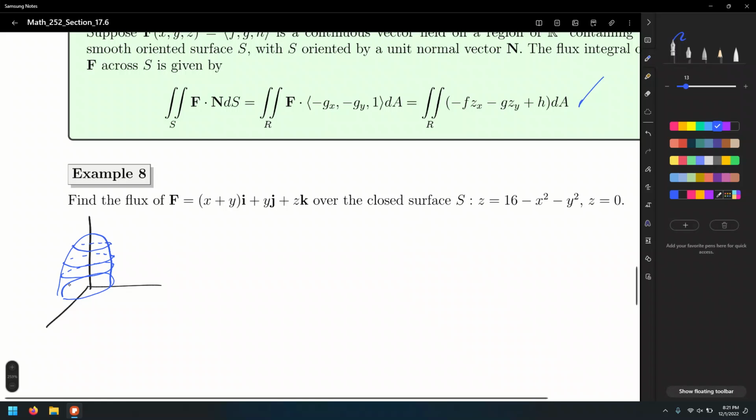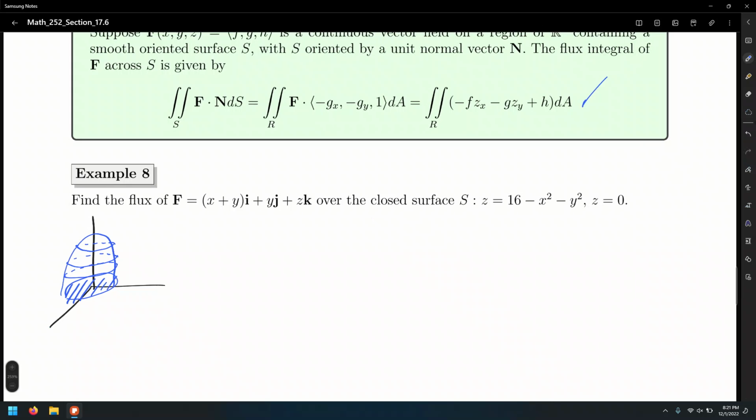But in this case, there's something we need to discuss here. Number one, we're going to find the flux over the whole surface. That is, not only the curvy part, the part on the sides and top, essentially, but also we need to consider the bottom part. So we will essentially evaluate two double integrals.